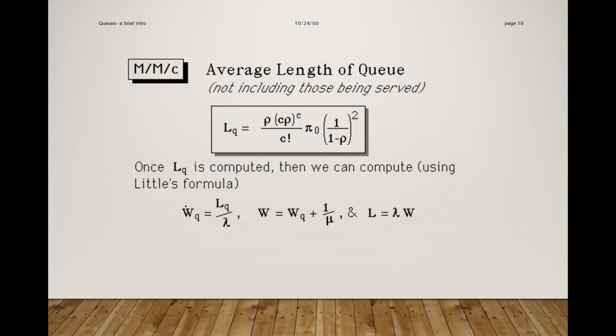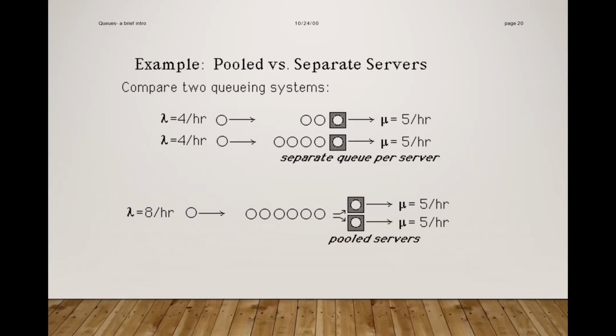The average waiting time in the queue, because Lq over lambda, is equal to the average time in the system, which is the average time in the queue plus 1 over mu, or the service time, and L is equal to lambda W. Okay, so let's try to analyze the example I mentioned earlier.